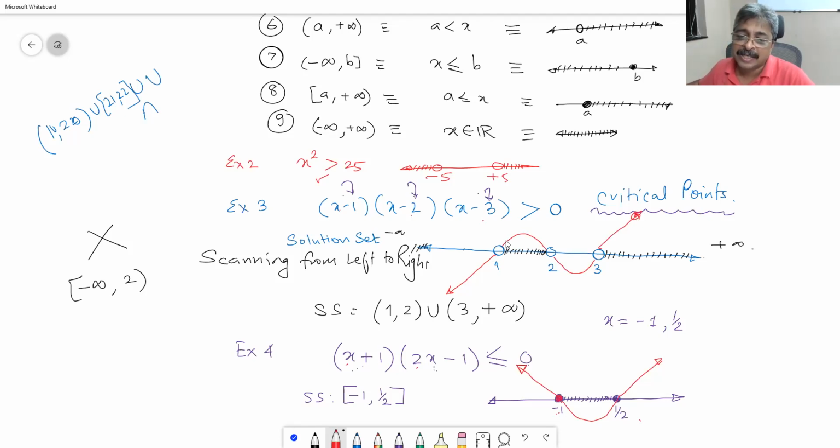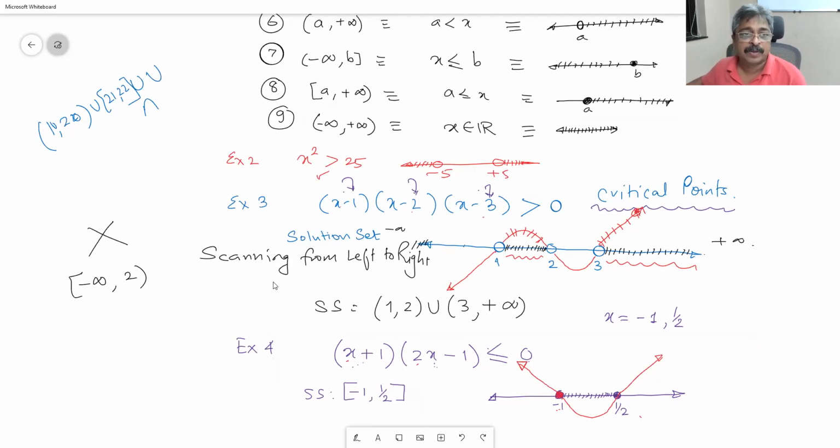So you are interested in positive values of y. Therefore, this is our solution set. This is called the wavy curve method. Write down whatever you want. Wavy curve method.